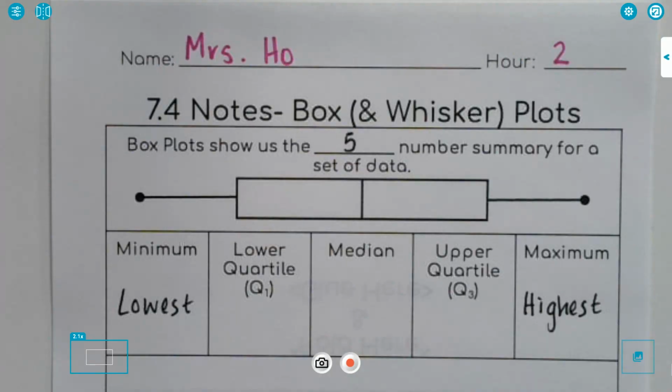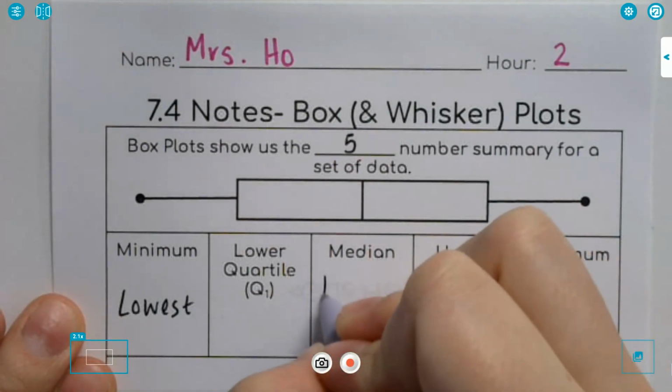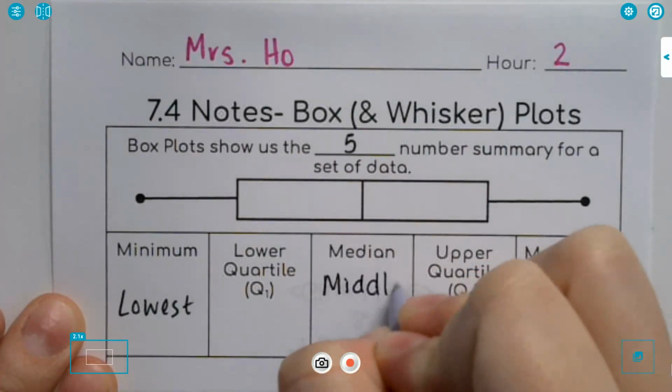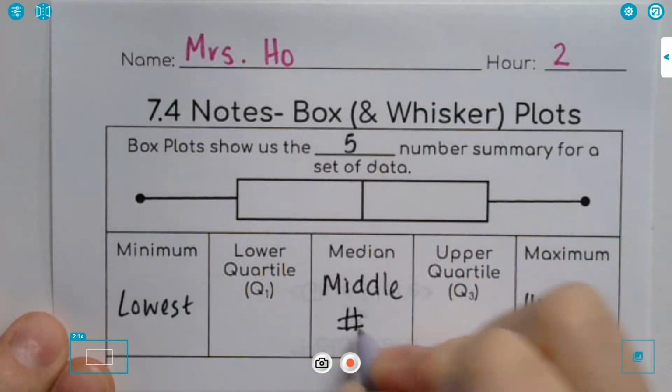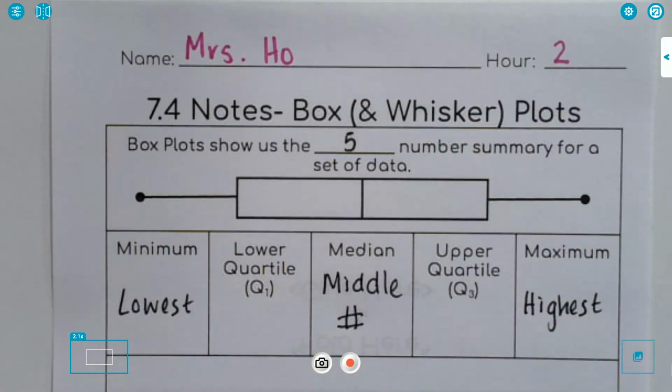Median is the middle number when your numbers are in order. And if your median is in between 2 numbers, you average those out. You already learned how to do that back in 7.1.